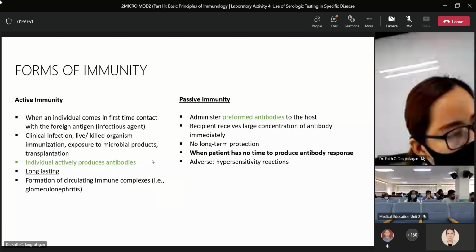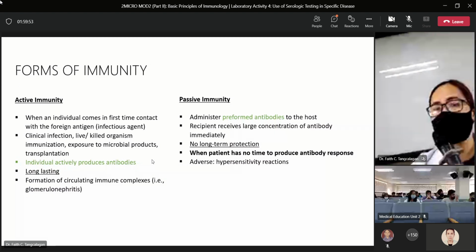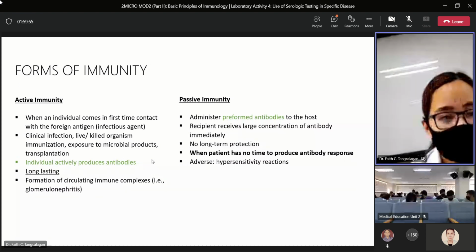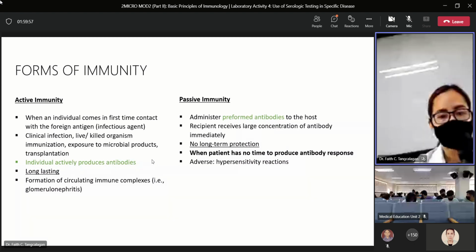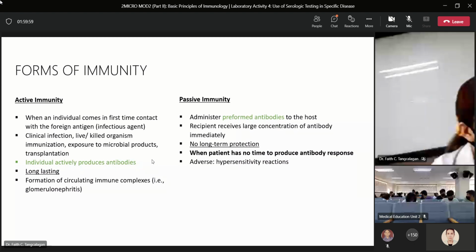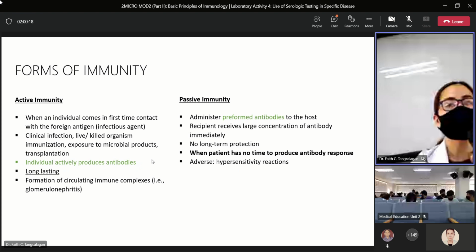What's active immunity for you? Okay, I'll call number Patel Akshay Kumar. Where is Patel Akshay Kumar? Okay, so what's active immunity?